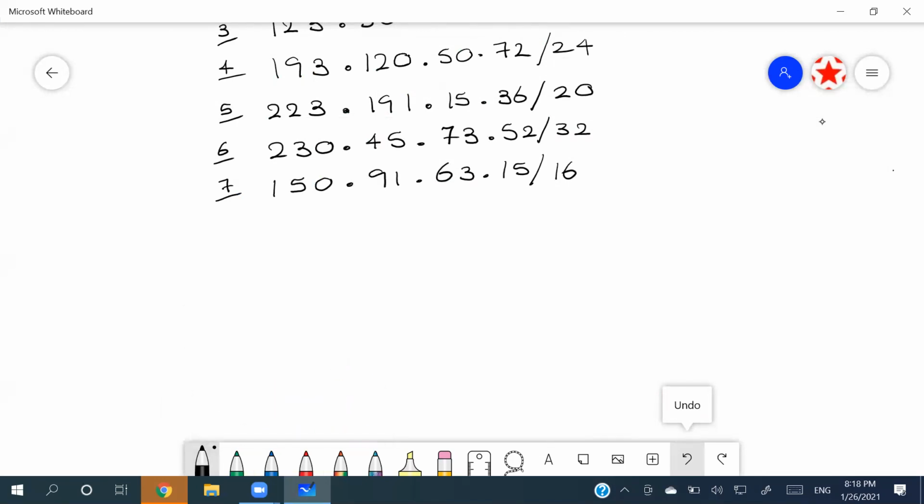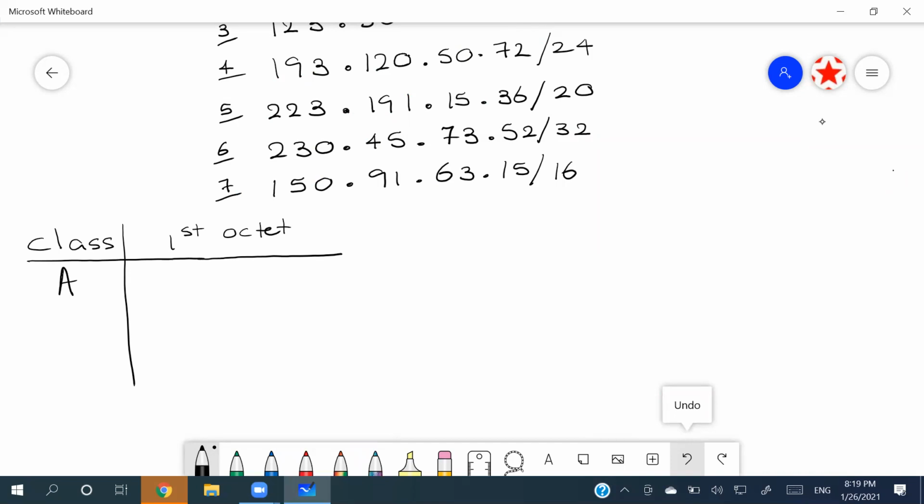So your first column is the class. So I'm taking class A and the first octet. I'm going to expand the first octet, so why I'm expanding the first octet is to give you the nature.